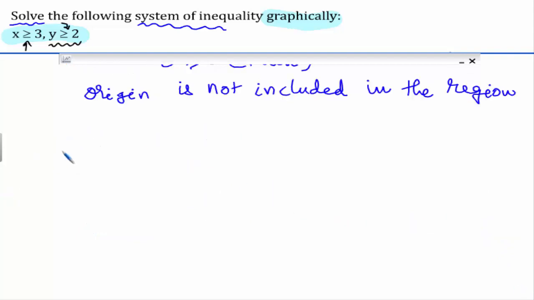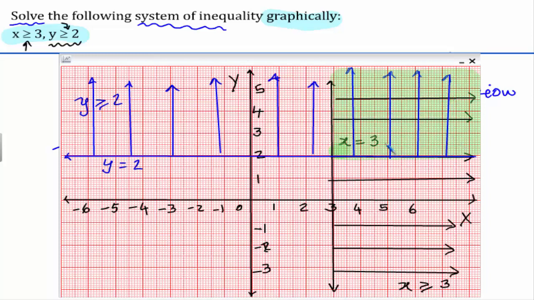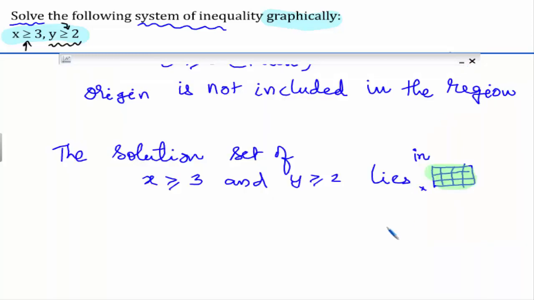So we can write here the solution set of x greater than or equal to 3 and y greater than or equal to 2 lies in the area where both lines, the horizontal blue lines and the black lines, form some grid in the graph. So in this grid area, the solution lies.